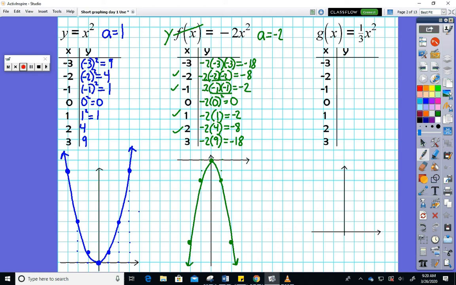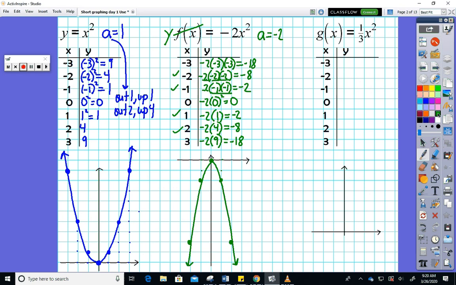So really, if I have about 5 points, and we'll get down to if you just have 3 points, you've got enough. You've got enough to draw the parabola. But notice, when the A value was 1, I would count out 1, up 1, out 2, up 4.